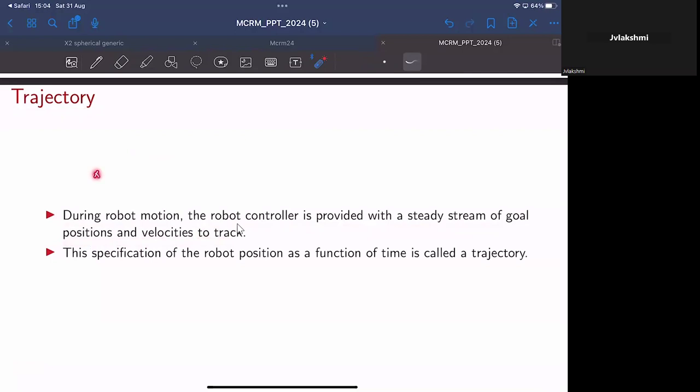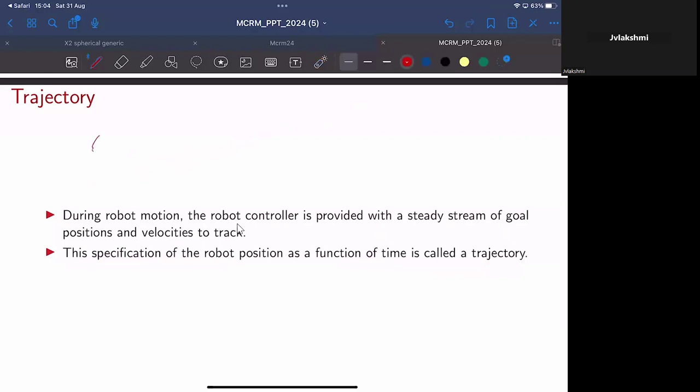If it has to move from one point to a final goal point, all its intermediate positions and velocities as a function of time are constantly provided as a stream of instructions to the robot. The specification of the robot's position as a function of time is called the robot's trajectory.